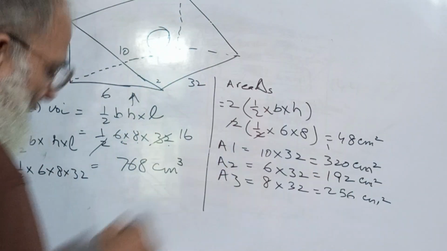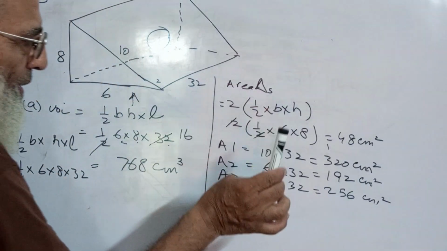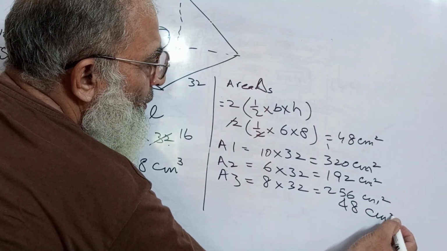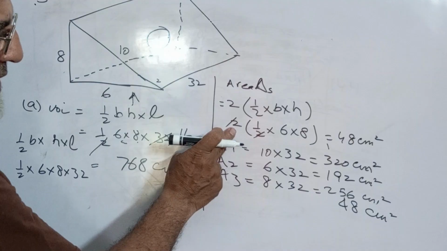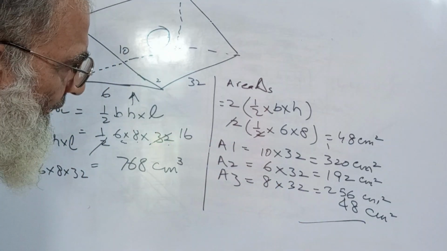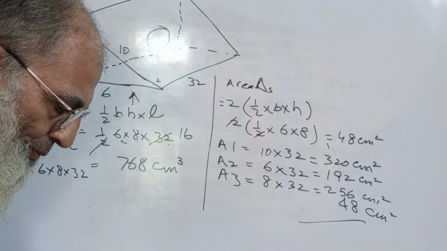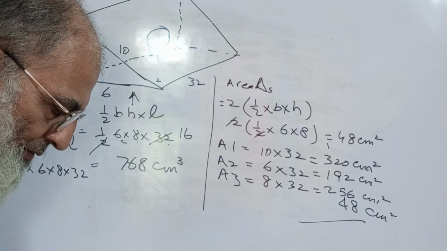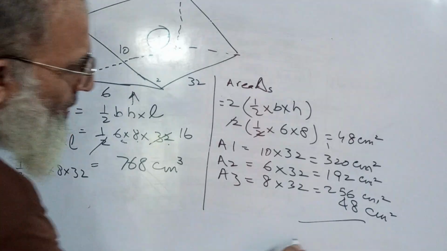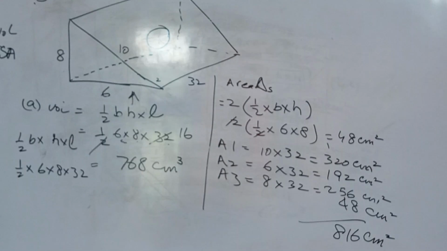We have already calculated them, and these are two triangles. So just to add them, we get 320 plus 192 plus 256 plus 48, and this is 816 centimeter square.